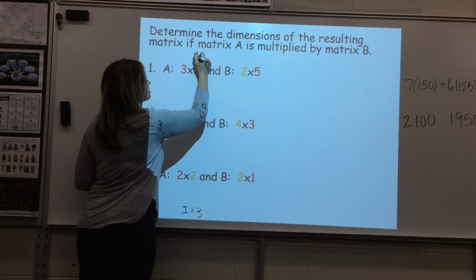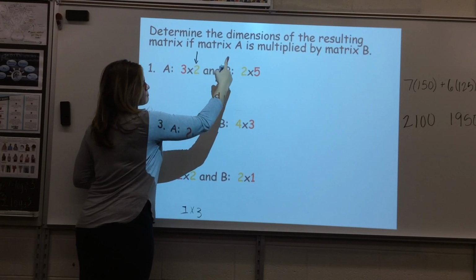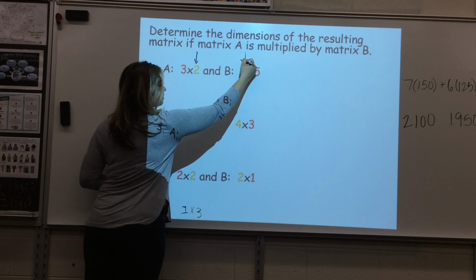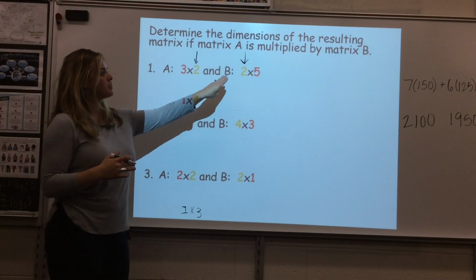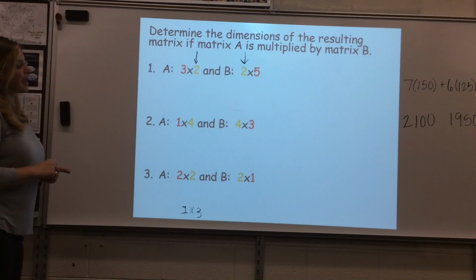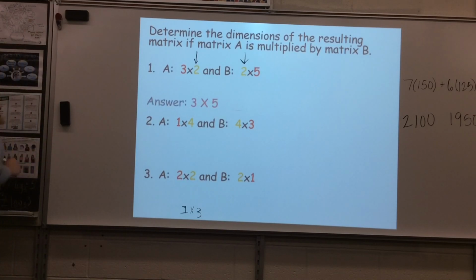So the columns in the first matrix have to be the same as the rows in the second matrix. So since they're the same, we're good to go. We are allowed to multiply A and B. What will we get? A 3 by 5.